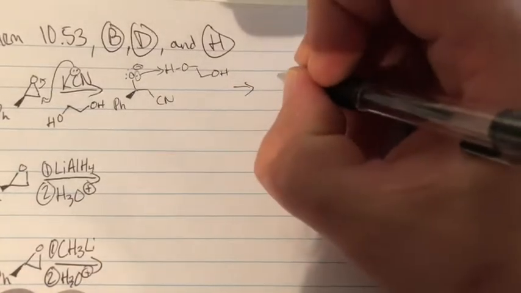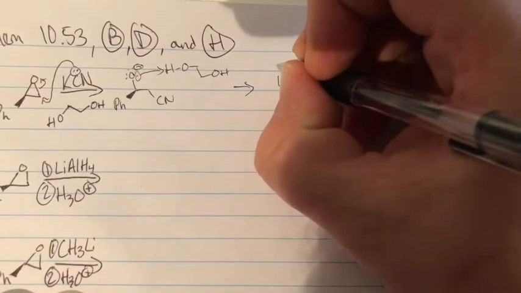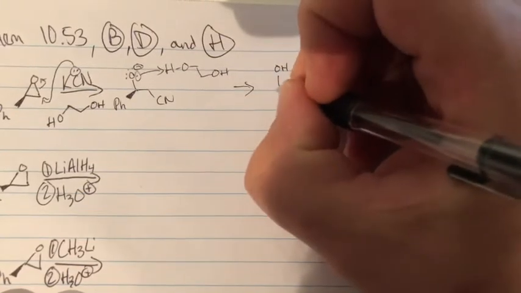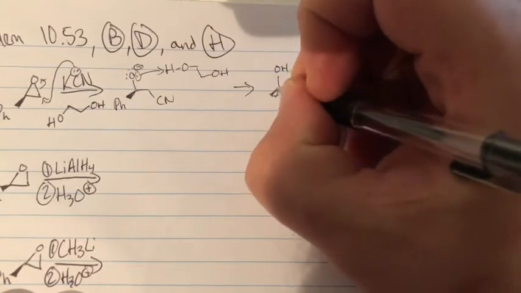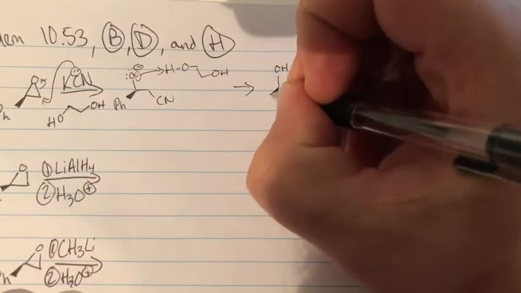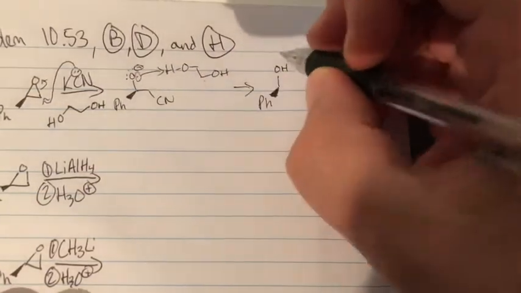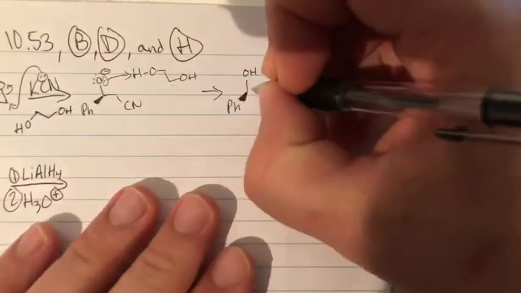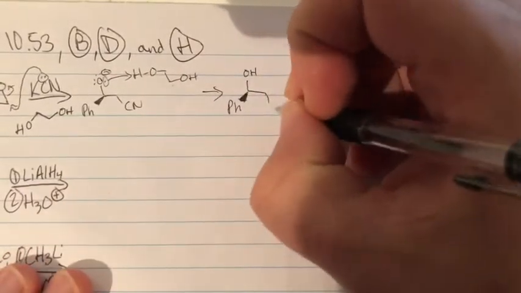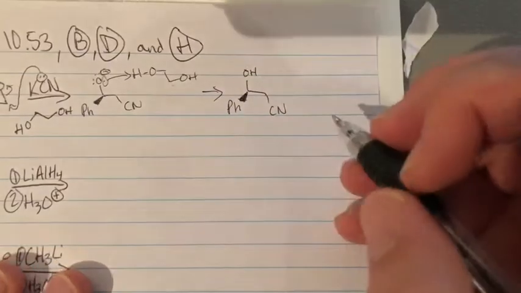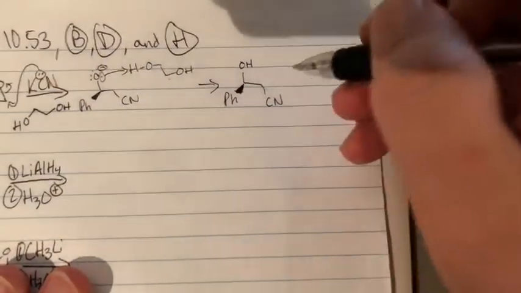So protic. That's typically what's in antifreeze, ethylene glycol, or at least what used to be. It's a teratogen.